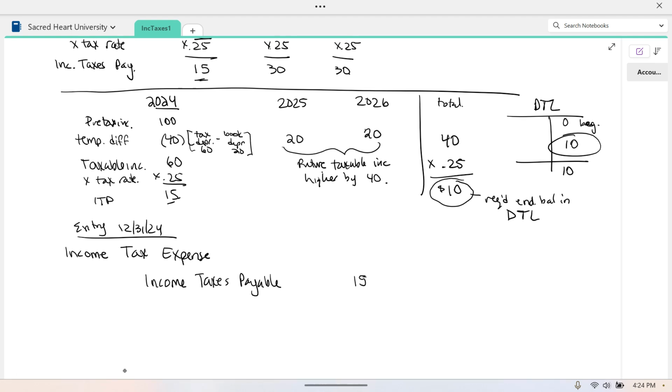We know that we need to increase the deferred tax liability by 10. So credit to increase the liability. And then that difference, we're going to plug that difference into income tax expense. And that's our journal entry for 12/31/24.